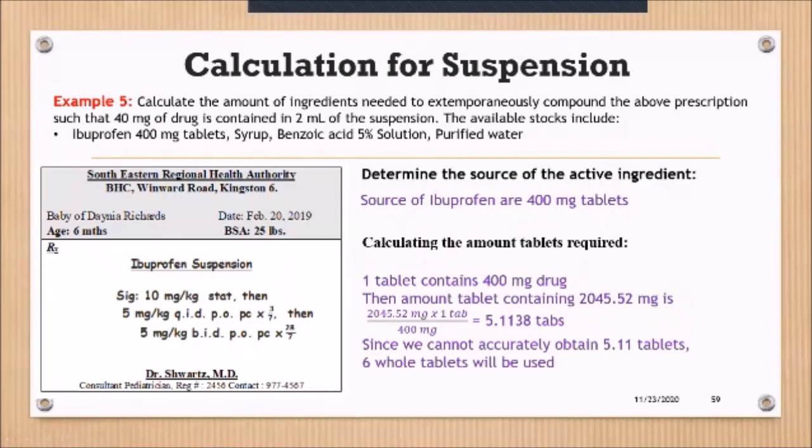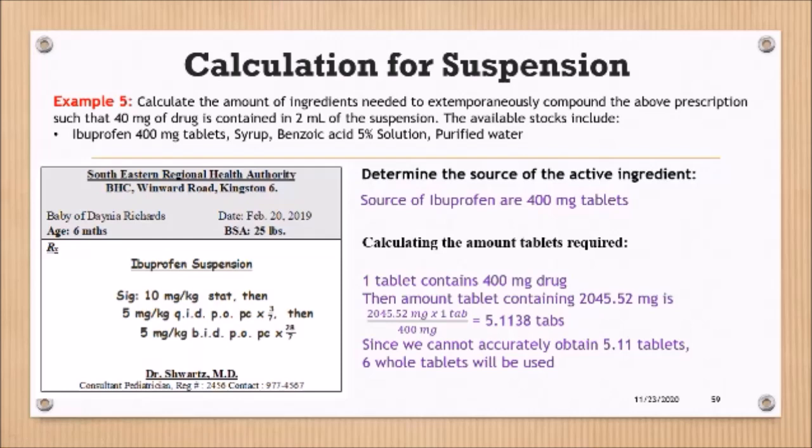Remember what I said, when our source of the ingredient is anything other than pure drug, tablet or capsule, we use whole numbers. Worse if it's a capsule, because you can break the capsule in half, but it's not a solid powder inside the capsule, right? So you're going to have to use whole capsules or whole tablets in this case.